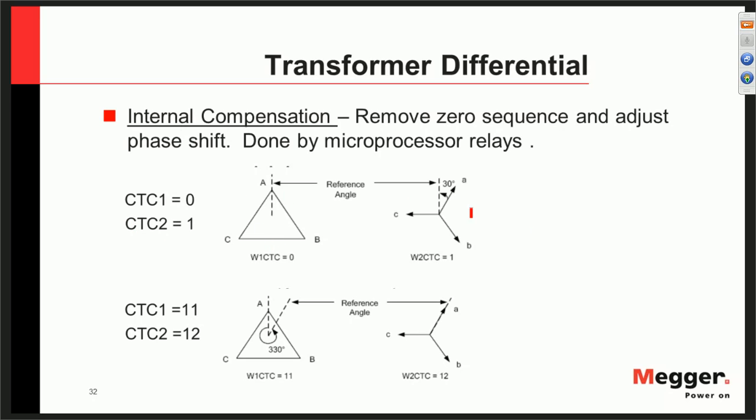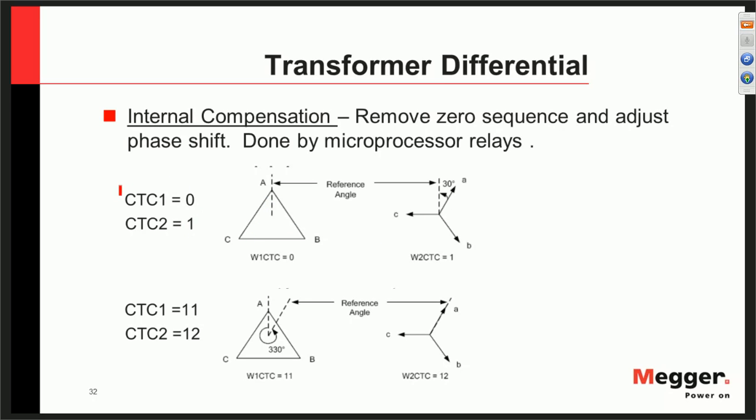So with the CT compensation, what you're doing is rotating this Y winding in the reference phase. Basically, you're compensating the 30 degree phase shift. So if I say 1, my relay will understand that I have to internally rotate my Y winding of the CT to be in phase with the delta winding.